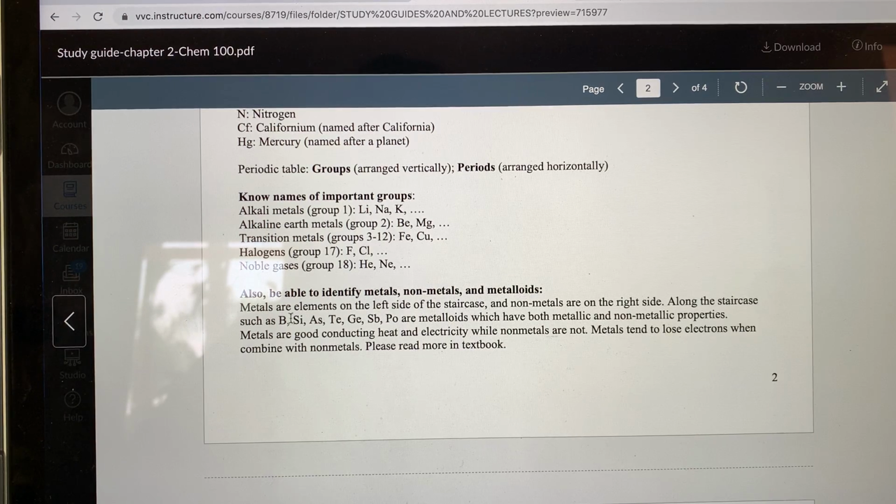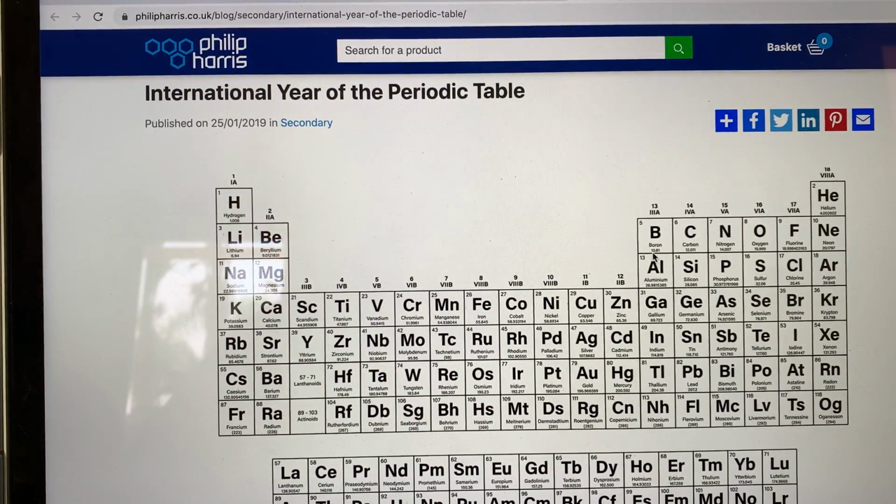Okay, you also need to be able to identify metals, non-metals, and metalloids. I labeled the staircase here. These are the elements in the staircase. They are metalloids, in this range right here. Those are the metalloids. They separate the metals, which are on the left side, from the non-metals, which are on the right side.